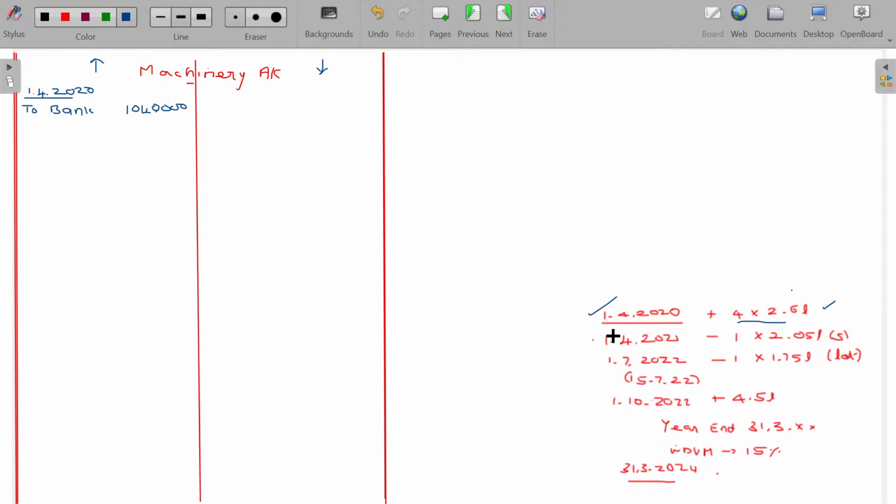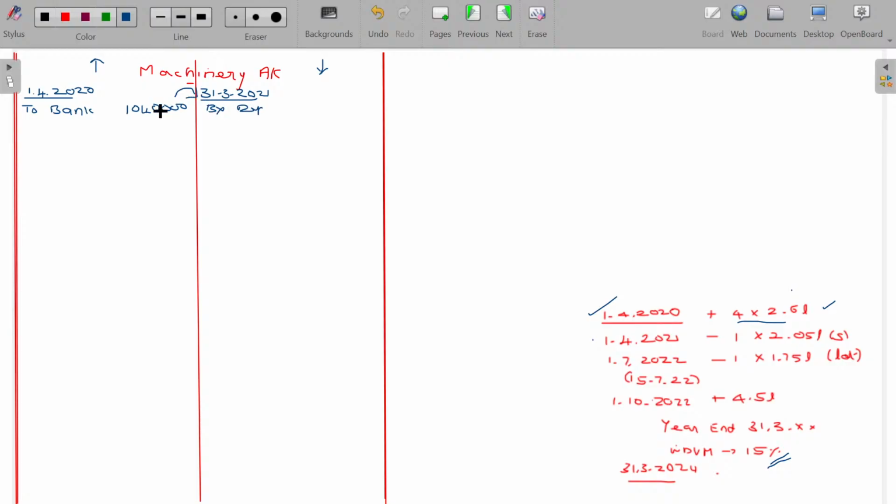Then year end 31st March 2021. We don't have any other transactions for the year. So naturally for the year end you have to provide the depreciation, whether it's stated or not, under WDV method at the rate of 15%. So here, 31st March 2021, by depreciation.